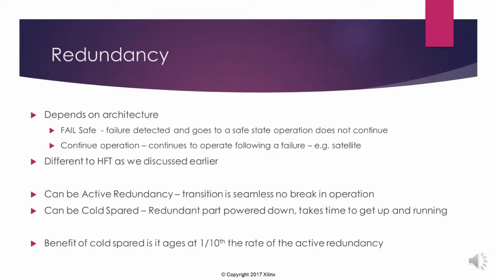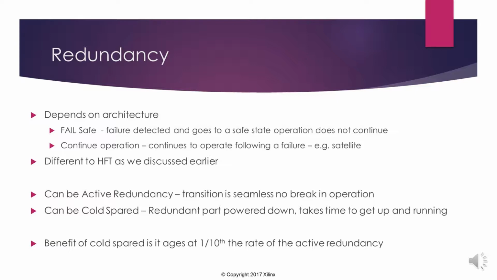Now what we need to do when we introduce our redundancy as well is work out whether we need the system to just fail safe, such that we detect a failure has occurred in a module and we just shut down and go to a fail safe state such that no operation can continue and it can be repaired, or if perhaps it's in orbit or flying in a plane or something, then we need to be able to continue the operation of it such that it doesn't really see the fact that a failure has occurred.